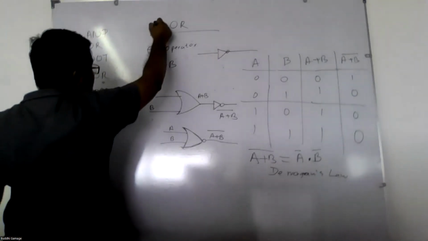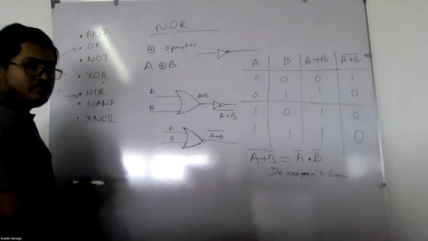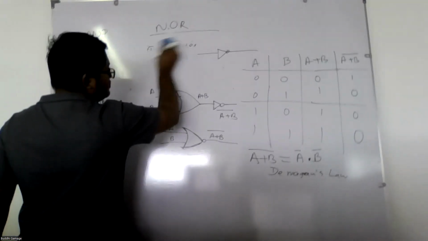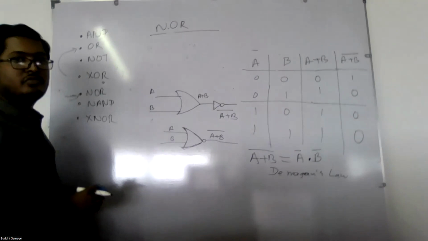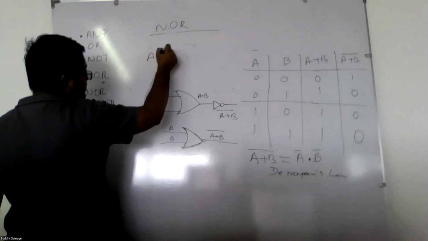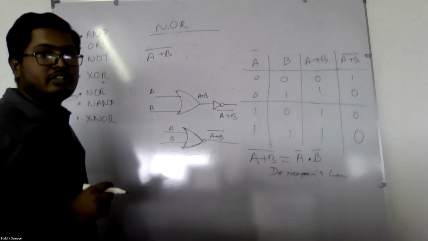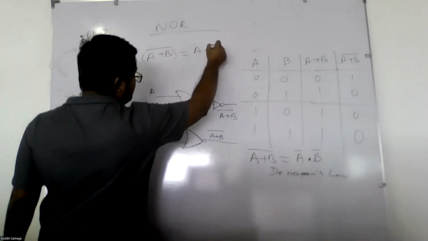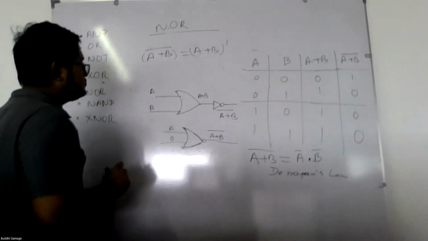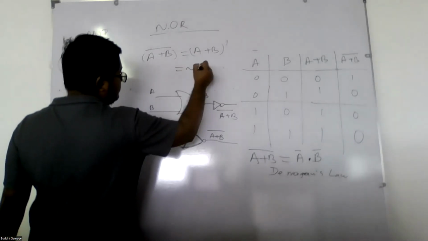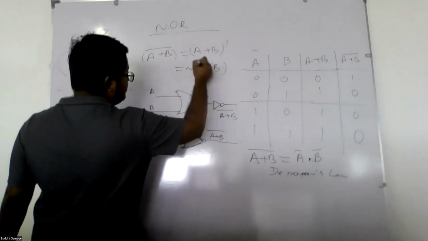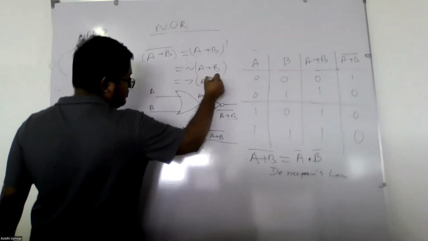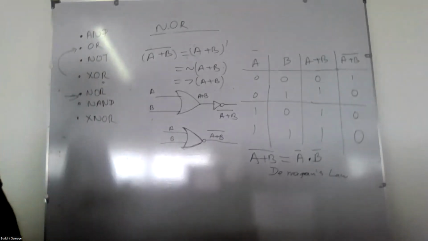So the operator gives A plus B, the whole thing negated, which is equal to this whole line.